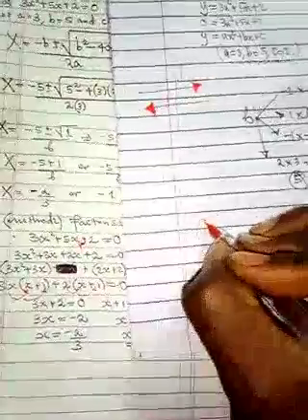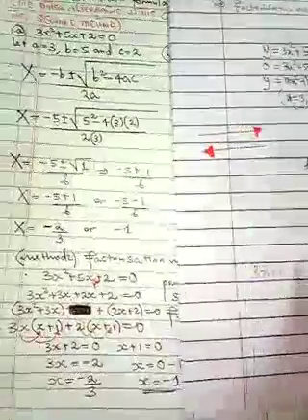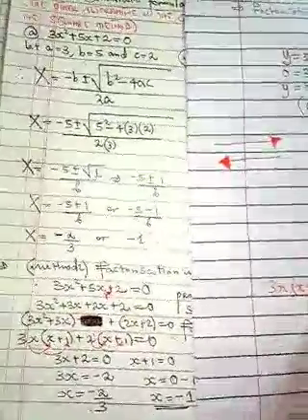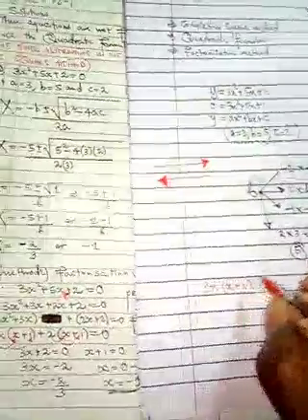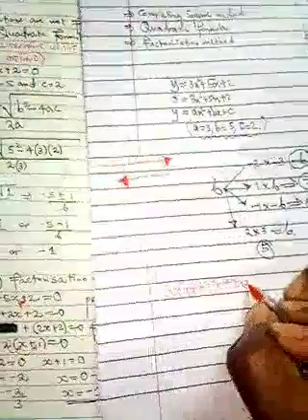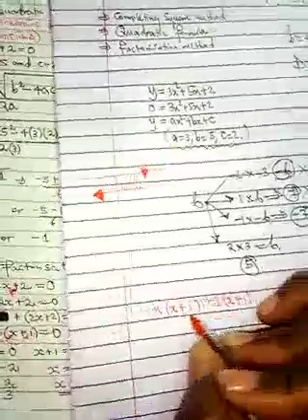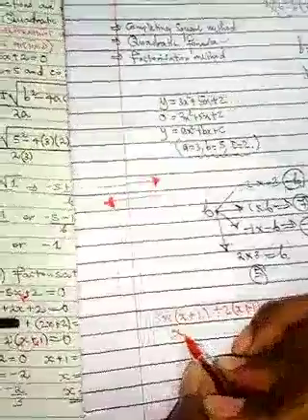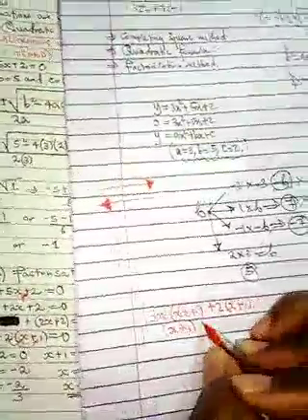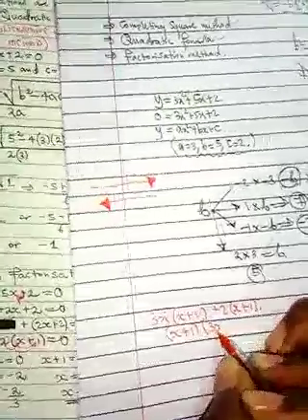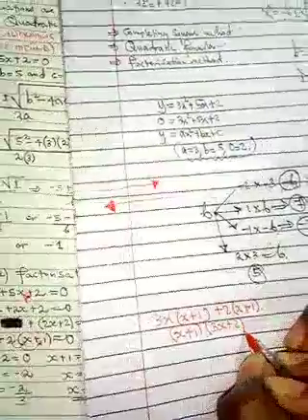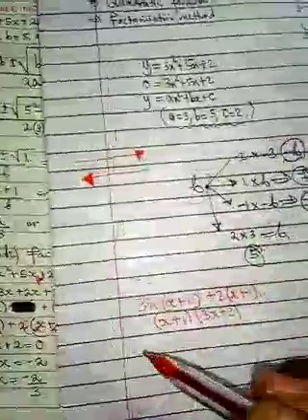We're having 3x times x plus 1, and then we're also having plus 2 times x plus 1. If the x plus 1 is common on both of these, if we factor it out, this is just going to be x plus 1. And then what you're just simply going to remain with is 3x plus 2. So that was an extra step that was supposed to be made here, and you need to know it.